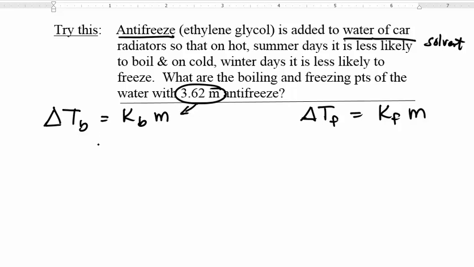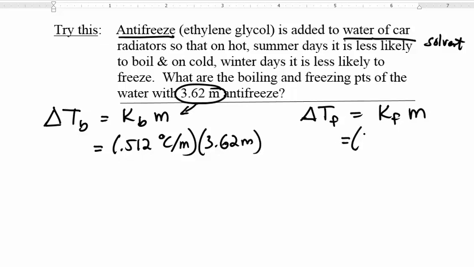For the boiling point elevation, this is water, so we're going to use the boiling point elevation constant of 0.512 that I just gave you, and multiply that by the molality of the solution. I'm going to set up the freezing point depression one at the same time. The constant for freezing water is 1.86 degrees C per molal. And we have 3.62 molal.